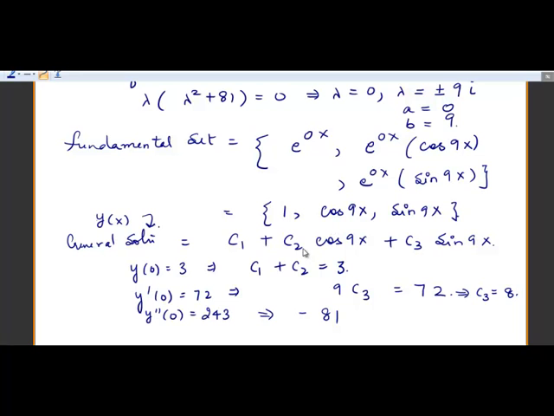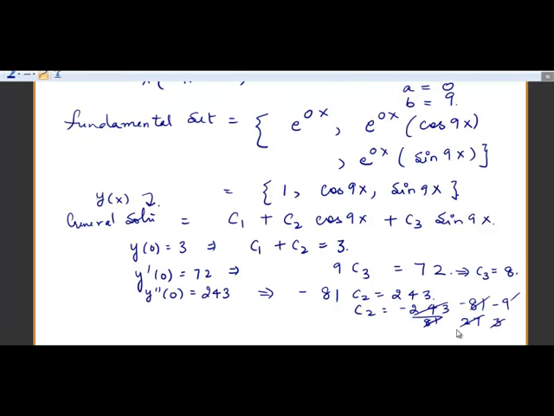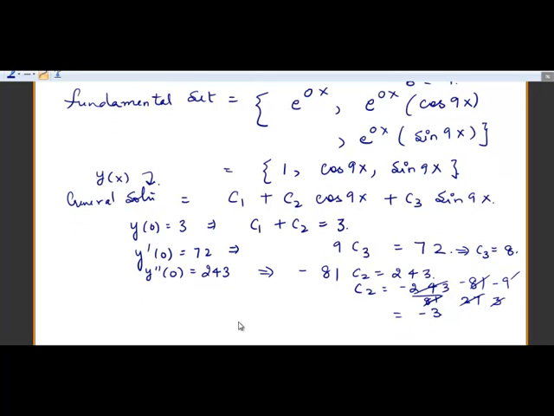Because the first differentiation gives 9, the second one 81 with the negative sign. And you will have cosine, so this is surviving, and this equals 243. Right, negative 3. So negative 3 is C2, so C1 turns out to be 3 minus C2, which equals, you have a negative become positive, 6.